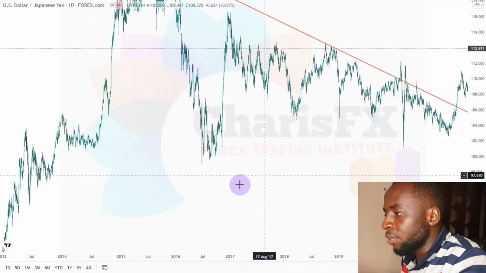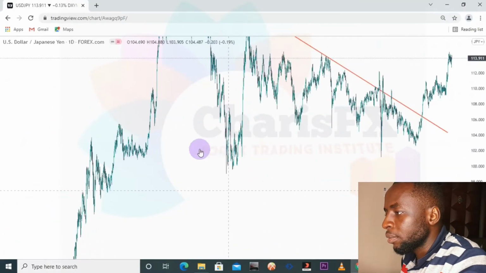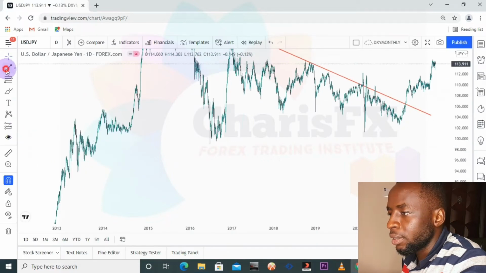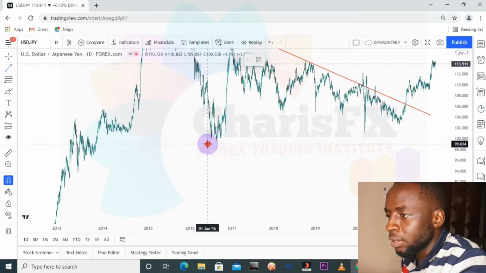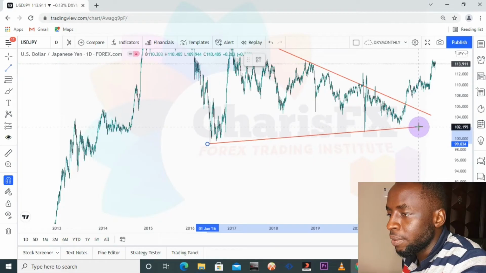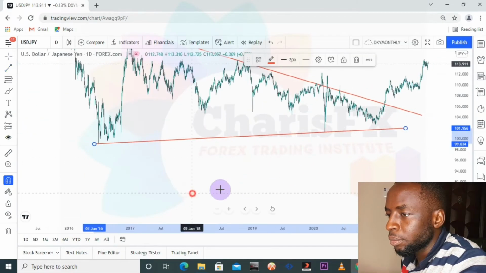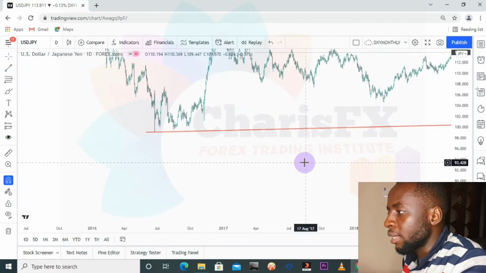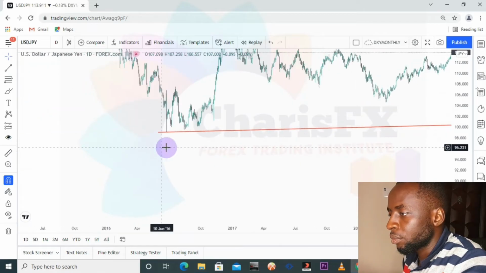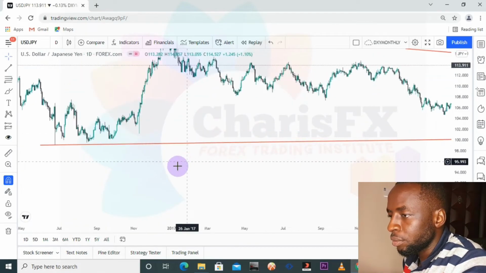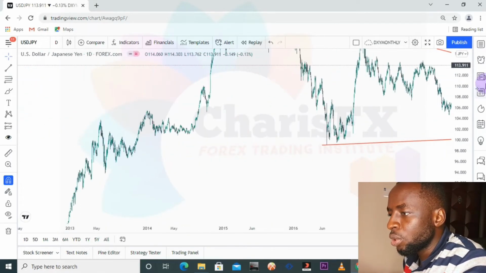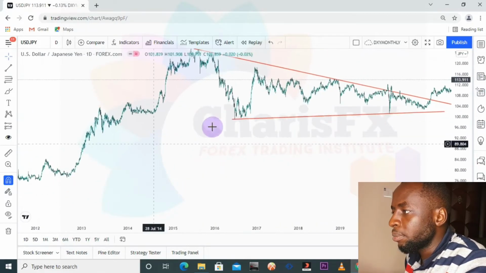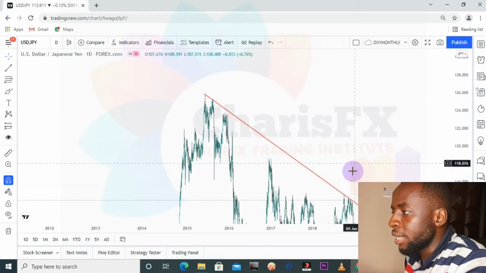When you put this, you can see that this is a trend. Don't forget that there's also a short-term bearish trend here.